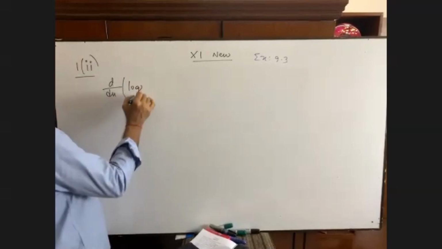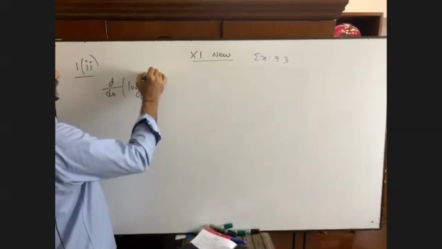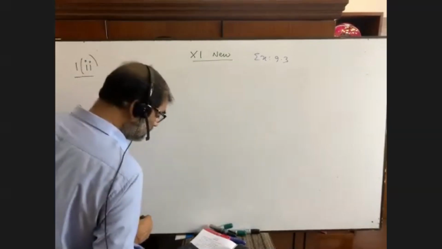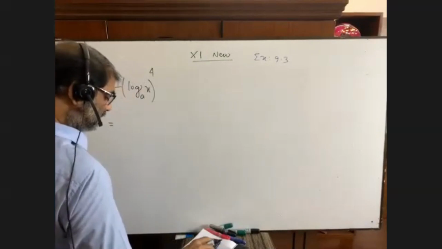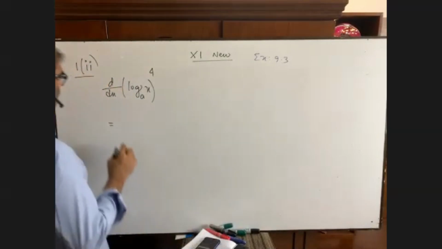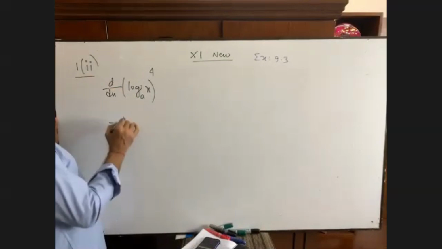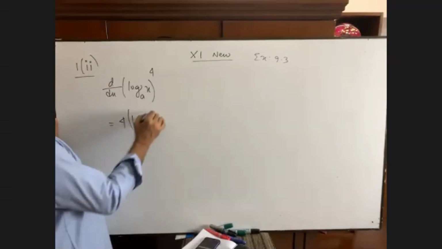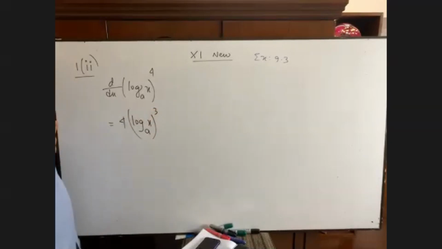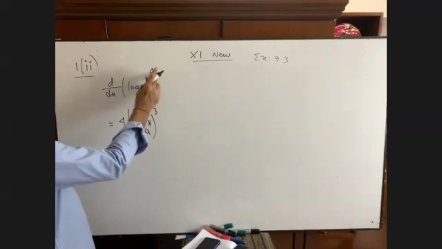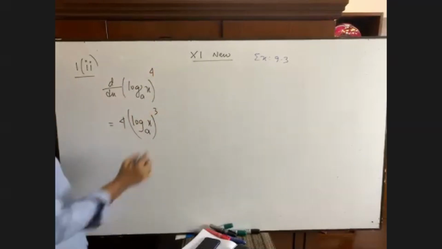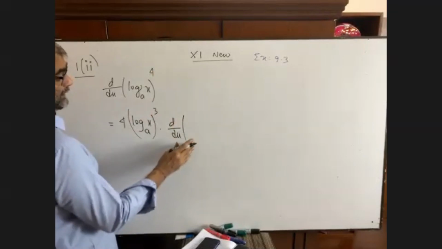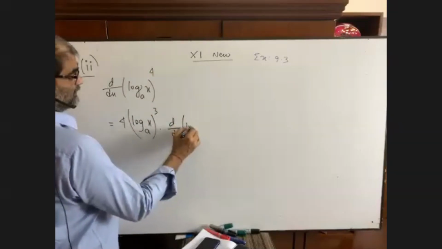Okay. d by dx of log a base x whole to the power 4. Let me know what will be here. 4 log a base x whole to the power 3. Talk to me. Yes, sir. Power will be decreased by 1. Then what is x here? You have to differentiate. You have to find out at first what is x.